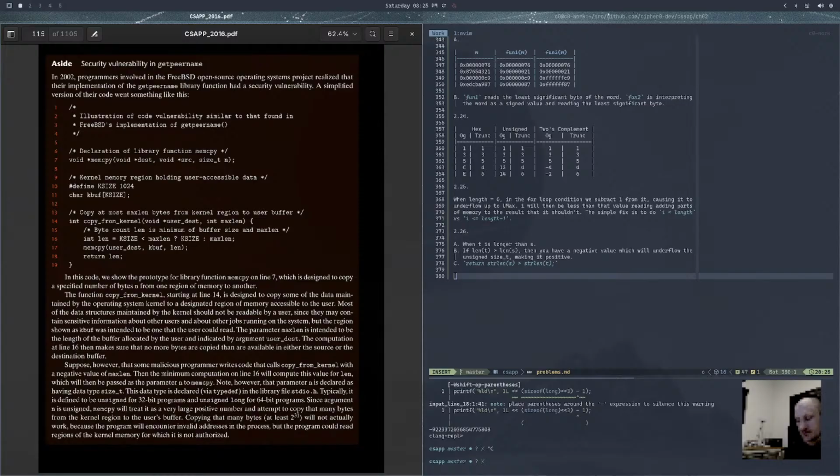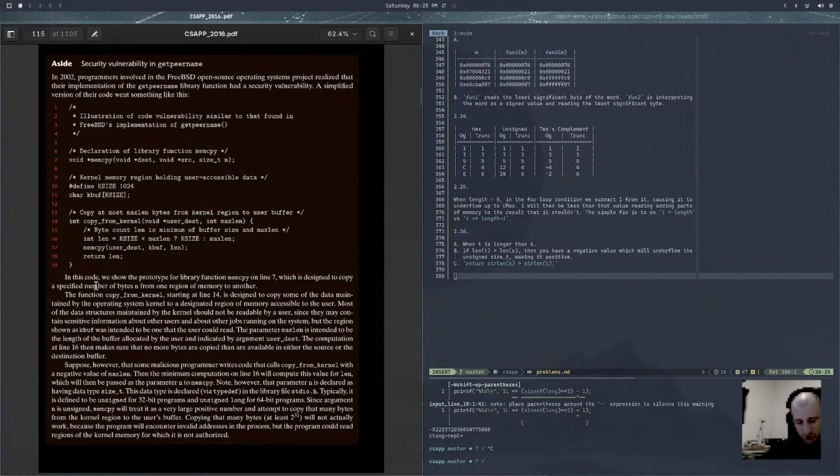So max length can be passed in as negative, which would evaluate this entire expression to be negative. The negative value would go into memcopy. Memcopy then interprets it as an unsigned value, a huge value, and it just starts copying all the kernel memory into user memory.